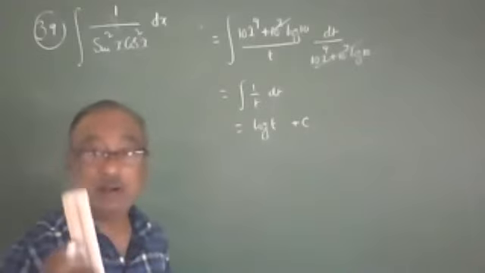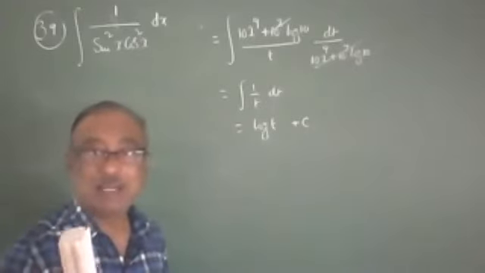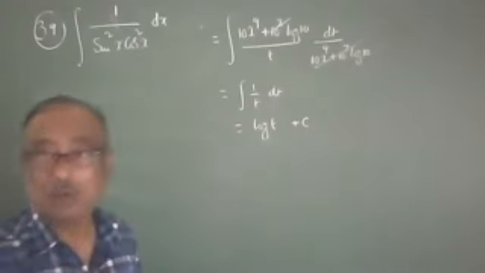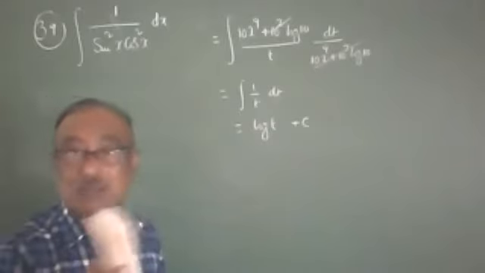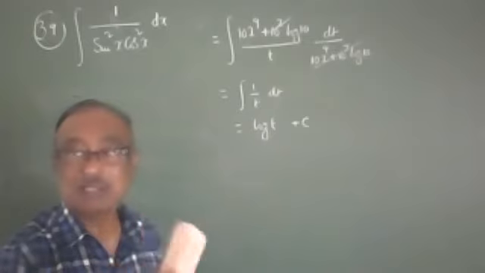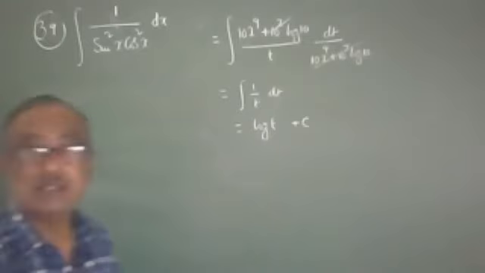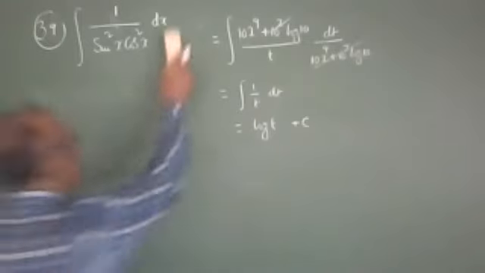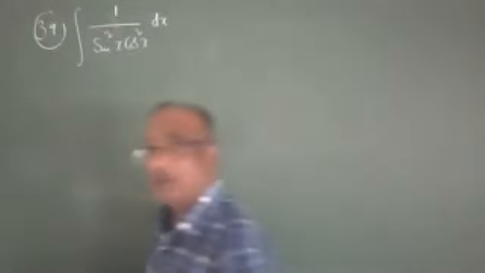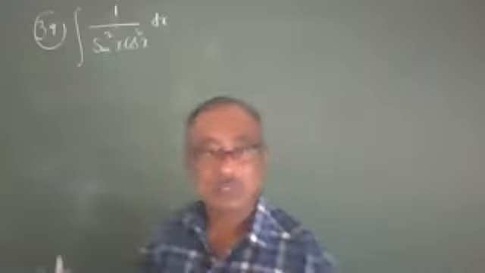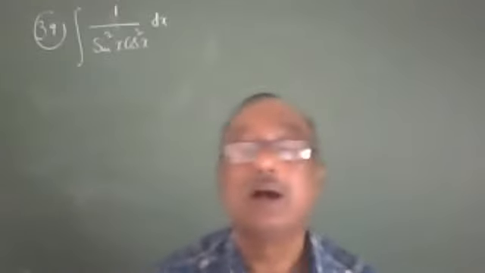By the trigonometry standard formula, in terms of sine and cos, sine square theta plus cos square theta, we separate into two parts and we get the answer. There are no derivatives here, so sine square derivative is not given, cos square derivative is not given.